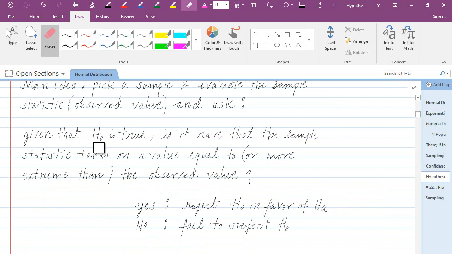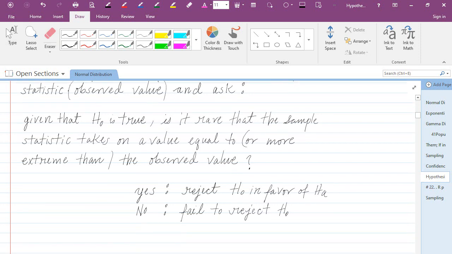Assuming that the null hypothesis is true, is it rare that the sample statistic takes on a value equal to or more extreme than the observed value of the statistic?